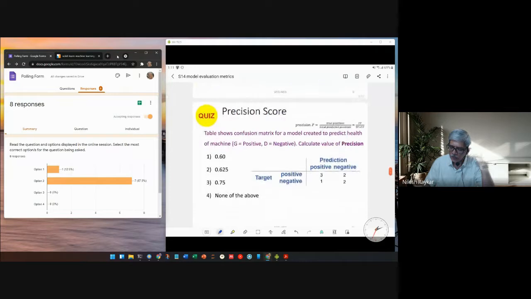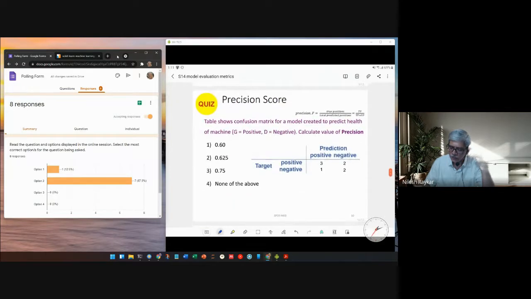Okay, now let's look at the precision score. For the same sample of data, tell me what is the precision score.